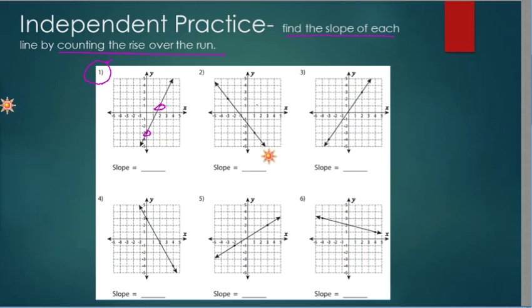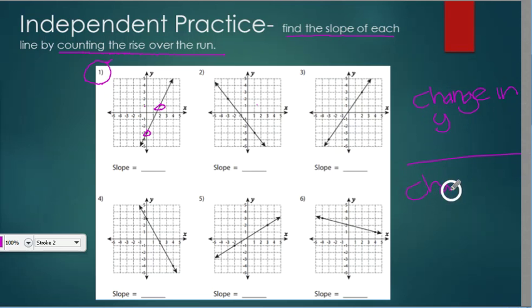Okay, so for question number 1, the line has already been graphed for you. 2 points have already been chosen. So all you have to do is count the change in y over the change in x, and that will give you your fraction. Okay, your fraction for your slope. So from here to here, we have to move up 1, 2, 3, 4 spaces.